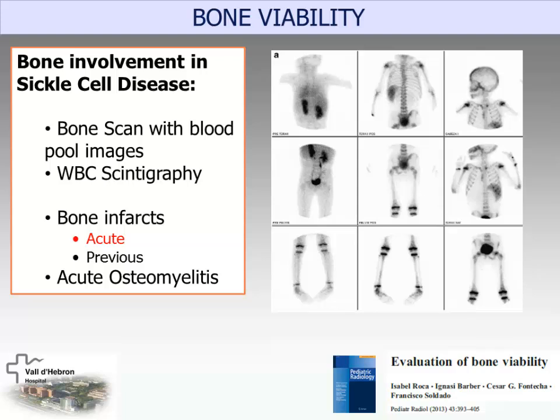Here on the right, you have the blood pool images of the whole body, and here the bone images. In these cases, we prefer to obtain spot images because they have a higher sensitivity and a higher resolution compared to the whole body images, in fact because the child is closer to the detector.